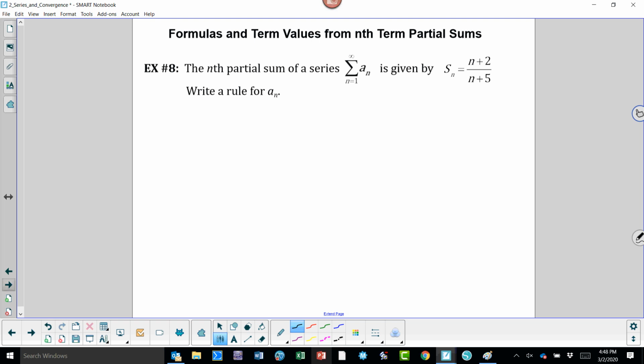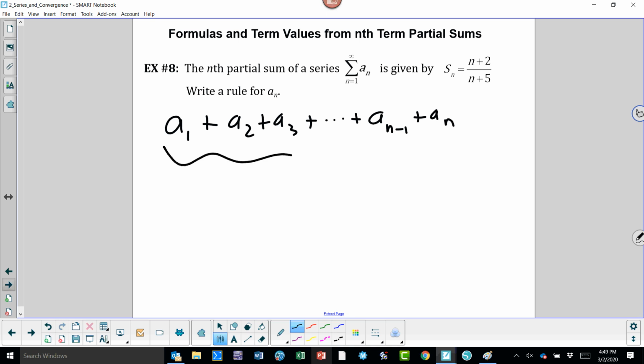So we're going to use the partial sum formula to figure out what we might have. So basically a1 plus a2 plus a3 plus and so on up to a(n-1) plus an. The whole thing is S sub n.